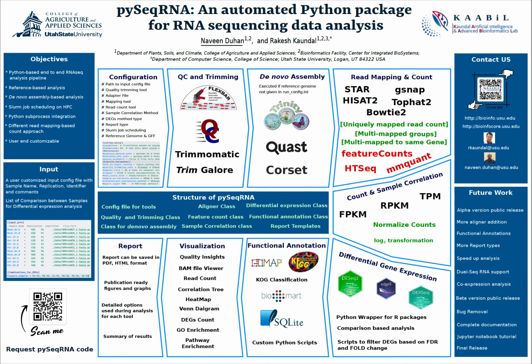Then the next step is to visualize the results. It provides the quality statistics for the reads, then it provides a BAM file viewer, read count statistics, correlation tree, heat map, Venn diagram, DEG count statistics, DEG count figures, GO enrichment figures, pathway enrichment figures, etc. Then a user can save the whole analysis in a report format, and the report can be saved in PDF or HTML format.